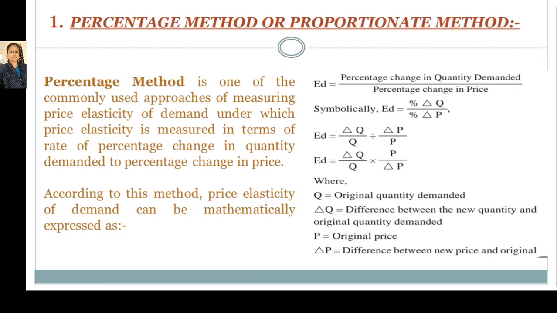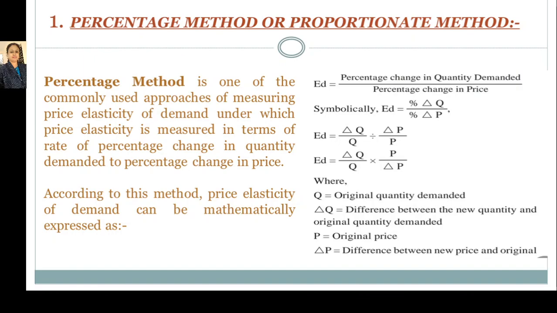ED equals, when we want to measure any change, we have to find out the difference between the new quantity and old quantity. So here the formula can be written in elaborated form, that is delta Q divided by original Q, whole divided by delta P divided by original price.